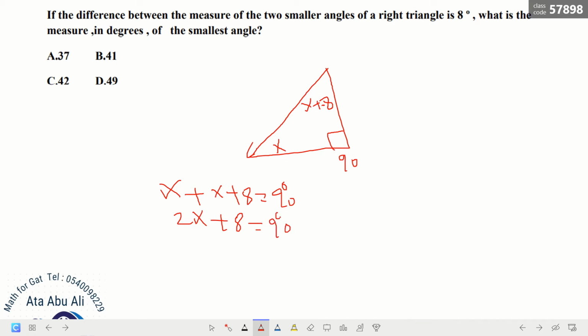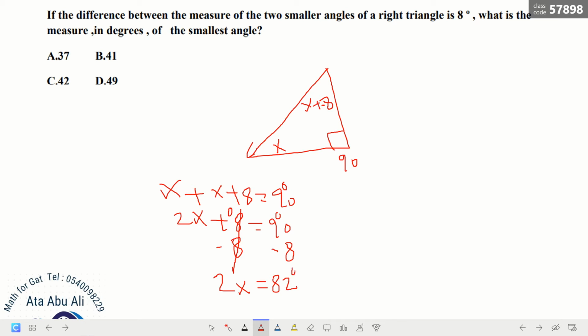Now, I subtract 8 from both sides, minus 8, minus 8. Let us write this in a good way. This is minus 8. Now you know that 8 minus 8 is 0. So it becomes 2x equal to 90 minus 8, it's 82 degrees.